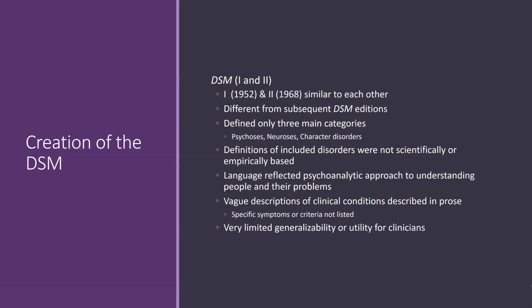And so the way that this original DSM was, it had just vague descriptions of clinical conditions described in prose. So there were no specific symptom checklists or criteria. And it wasn't very useful for clinicians. So it was hard to generalize across clients, and it didn't really work as a clinical tool. It was almost more of an encyclopedia or a reference guide.